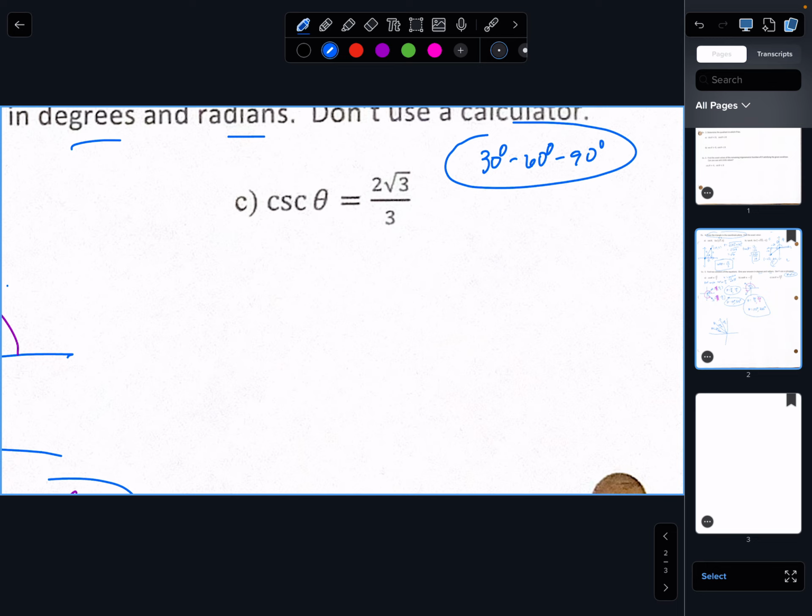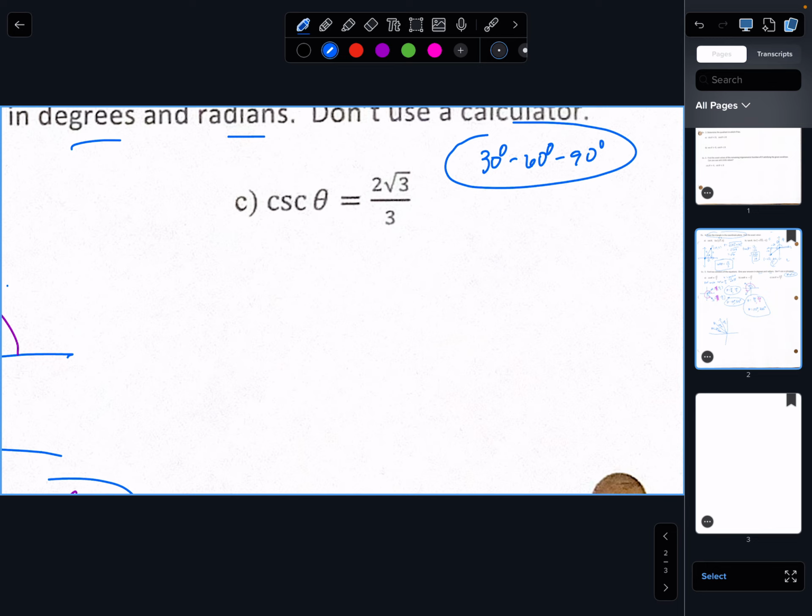So it's either a 30 degree reference angle or it's a 60 degree reference angle. Because the 45, 45 are either 1 or root 2 over 2 or root 2. The 45 deal with 1s and root 2s. The 30, 60, 90s have the 1/2 and introduce that root 3 over 2 in there.